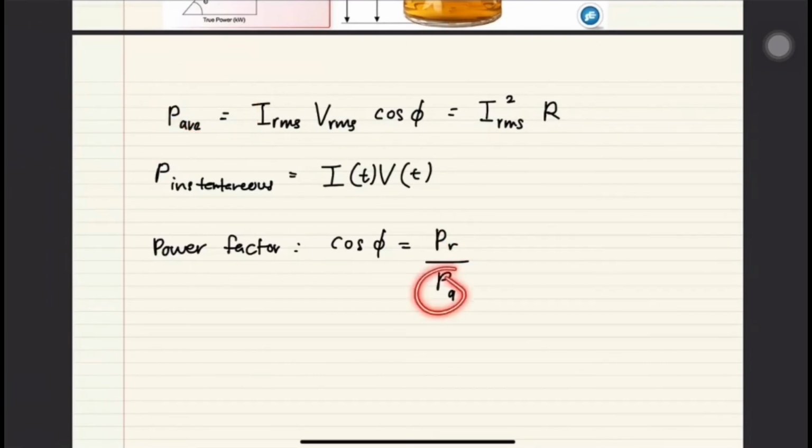P apparent dia adalah I RMS, V RMS. So, this one is equals to P average over P apparent. Also remember that this one is equals to R over Z, cos phi based on the phasor diagram. Okay, kalau tak ada soalan, maybe you can stop first.